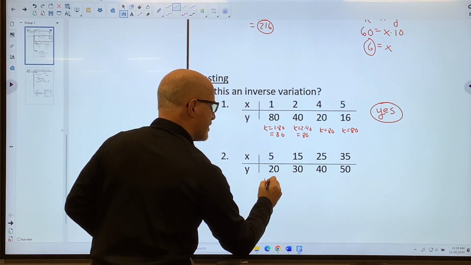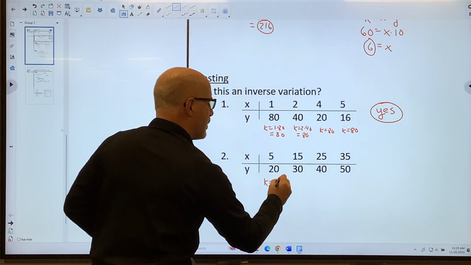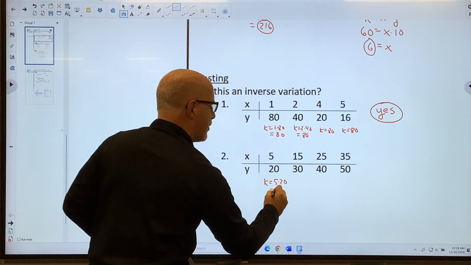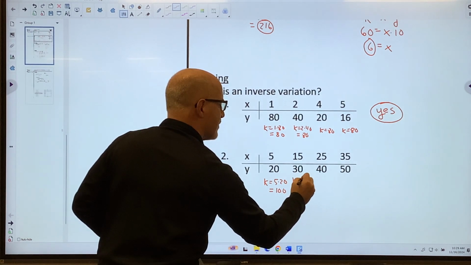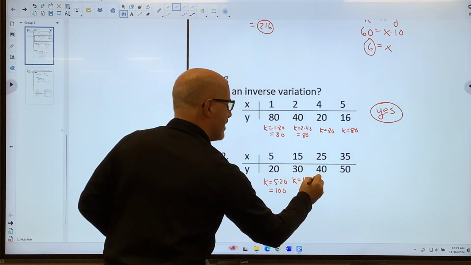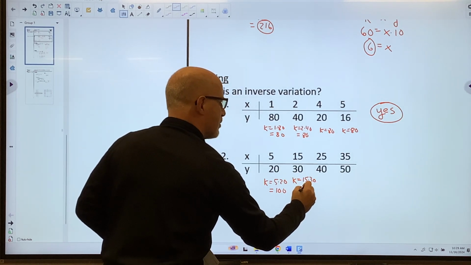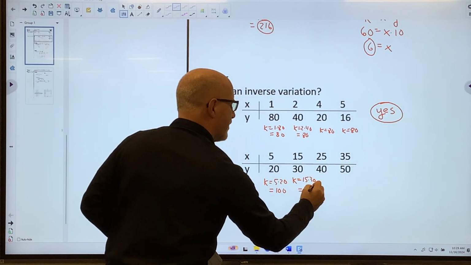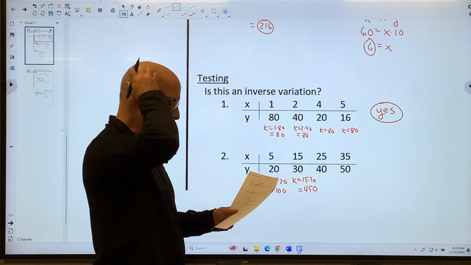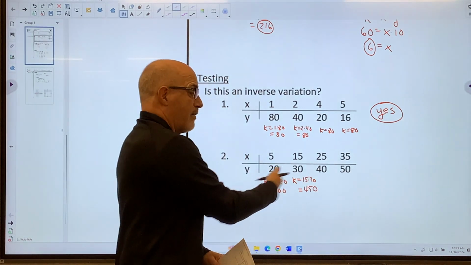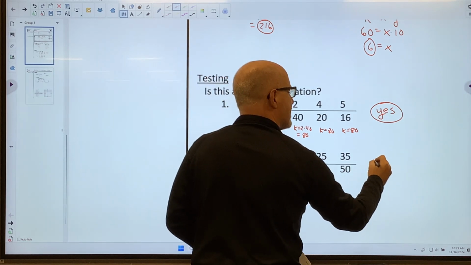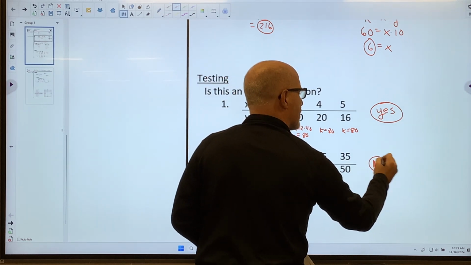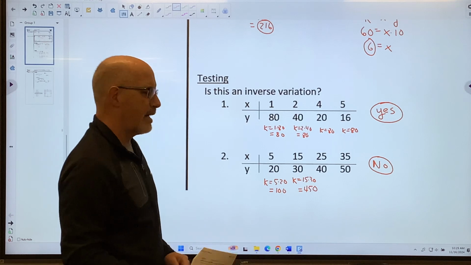Let's check the constants. 5 times 20 gives me 100. Here, my constant is 15 times 30, which is 450. These two do not match. Since they don't match, it's not the same constant, so this is not an inverse variation. You could say no to that.